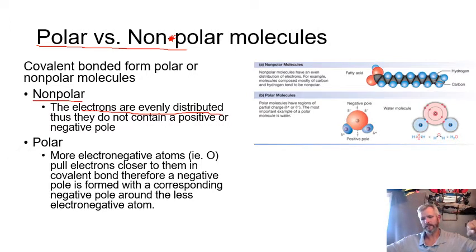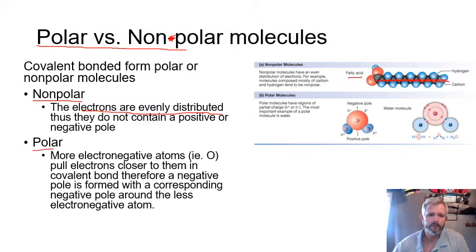A classic example of a nonpolar molecule is a fatty acid. It has this long chain of carbon. Even though carbon is more electronegative than hydrogen, because we have this long chain, we get an even distribution of the electrons, and therefore it's considered a non-polar molecule.